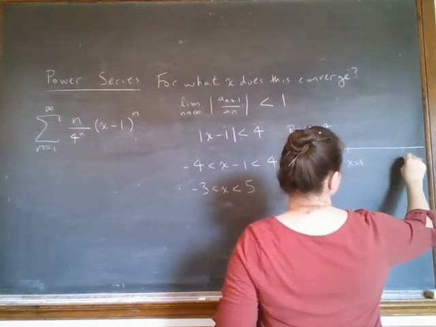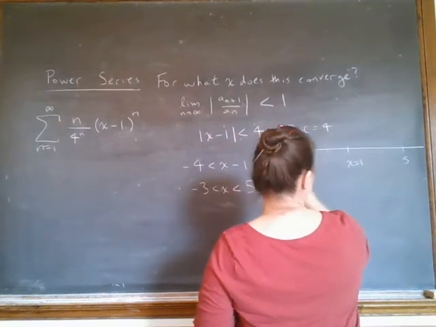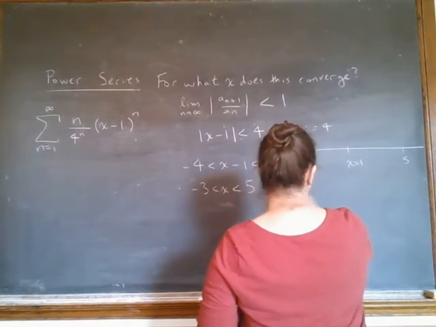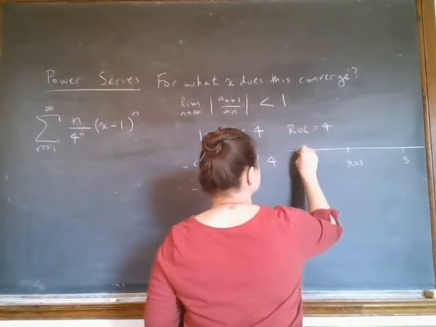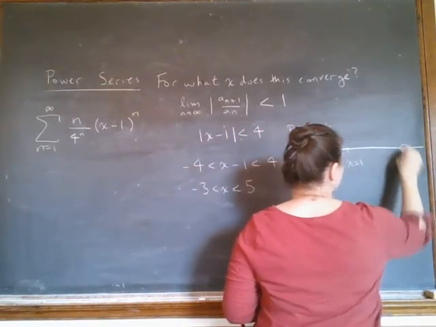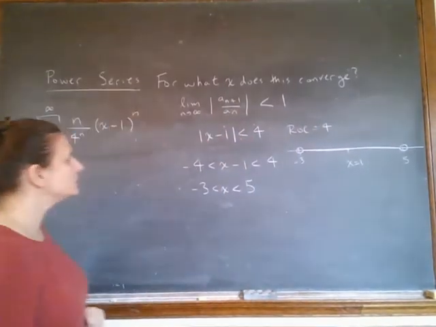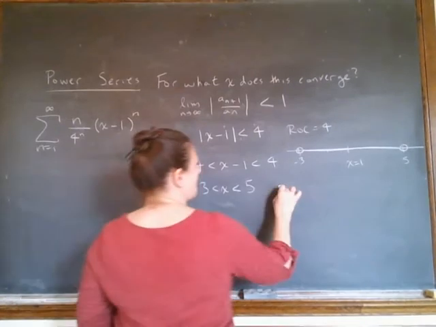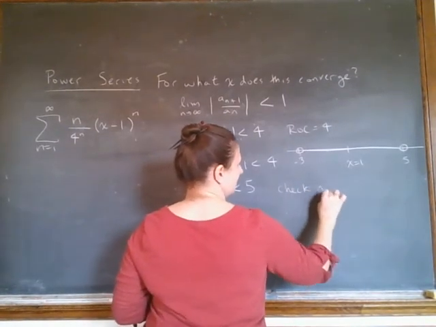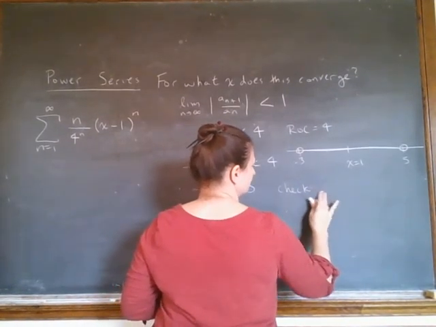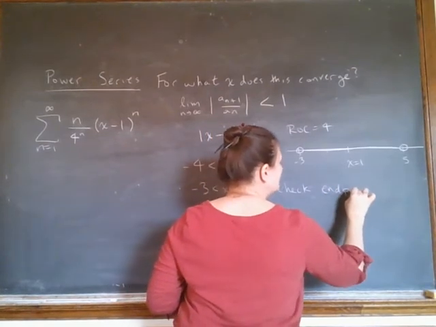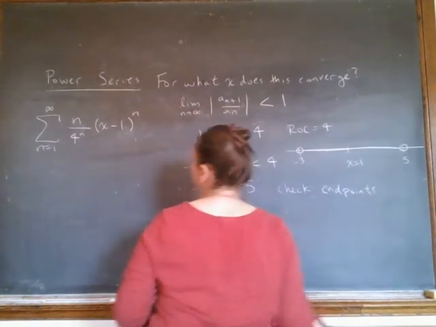And we're going 4 from both sides. So far I have that. Now I need to check endpoints. I'm just going to write endpoints, and I'm going to check them over here.